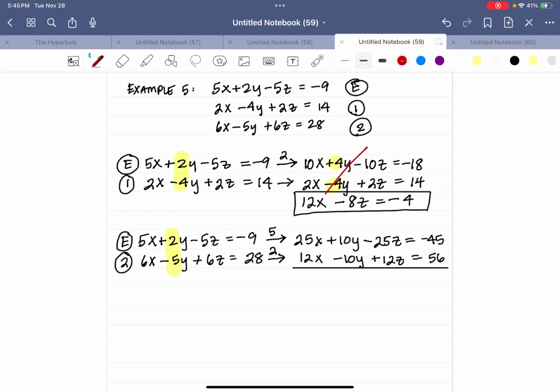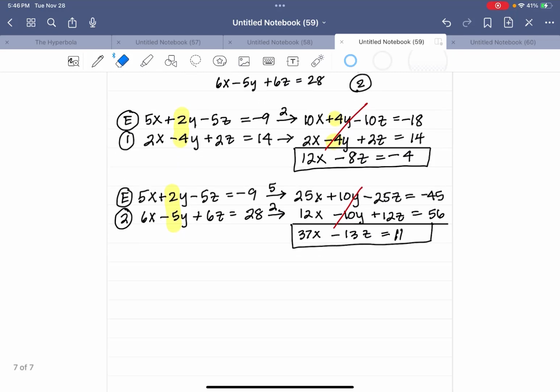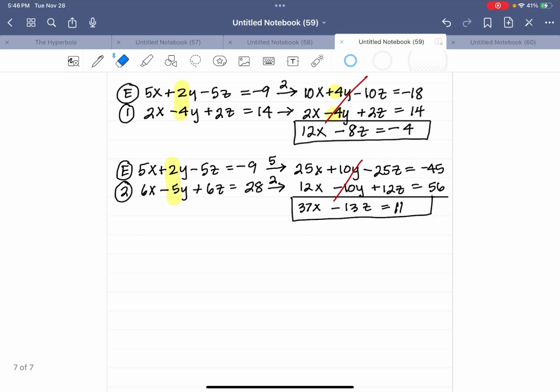So this time, the 10s are going to cancel out, the y's, right? So the 10 and the -10 of the y will cancel out. So 37x minus 13z equals 56 minus 45 is 11. Now I have another equation, and it only has an x and a z. And so it's going to be messy, but now I've got to solve.